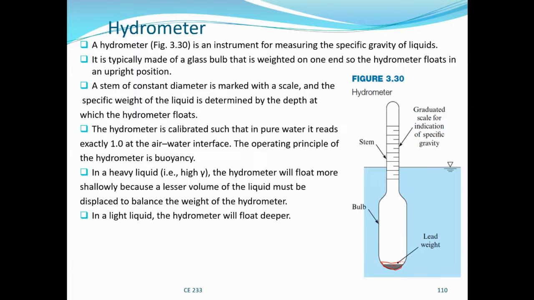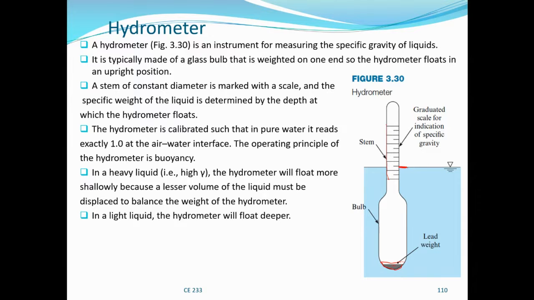A stem of constant diameter is marked with a scale. This is the stem, and this is the graduated scale for indication of specific gravity, which is determined by the depth at which the hydrometer floats. You just put it in water or in the liquid whose relative density you want to determine.